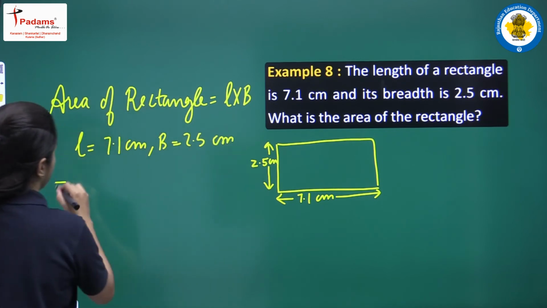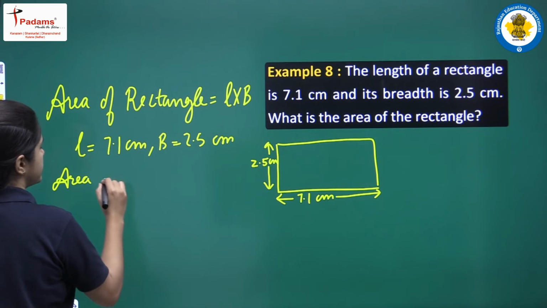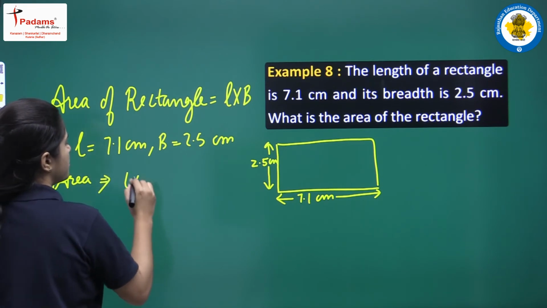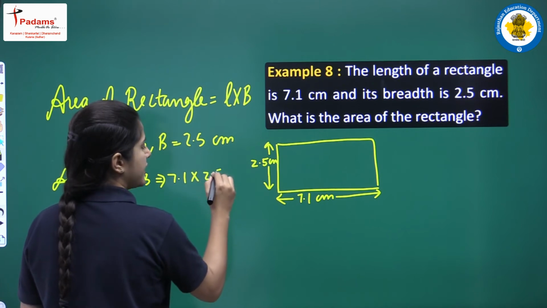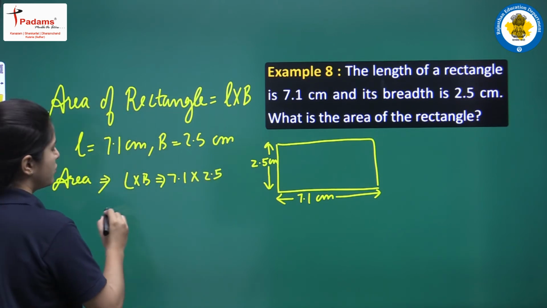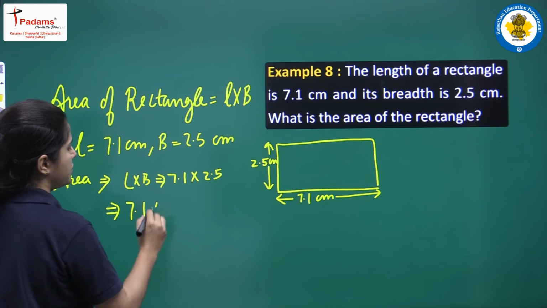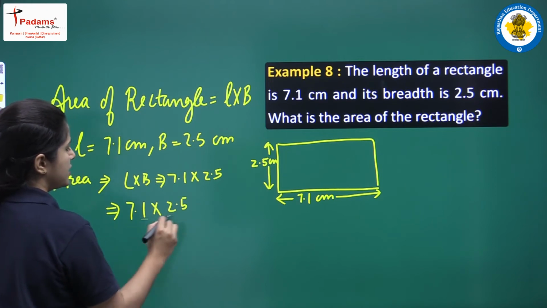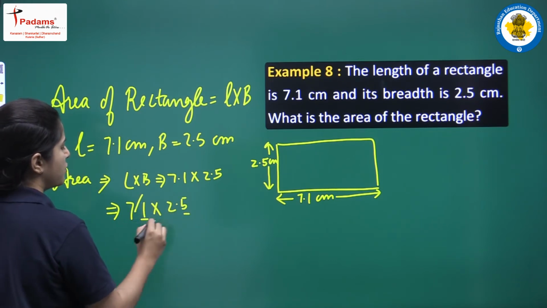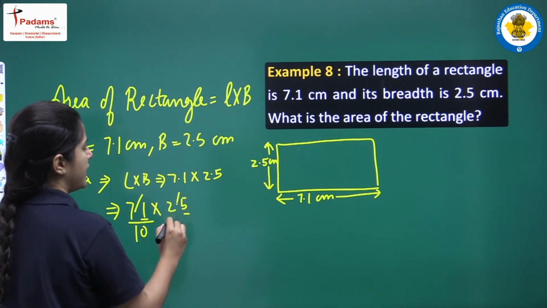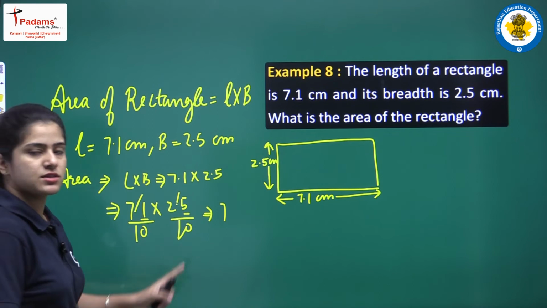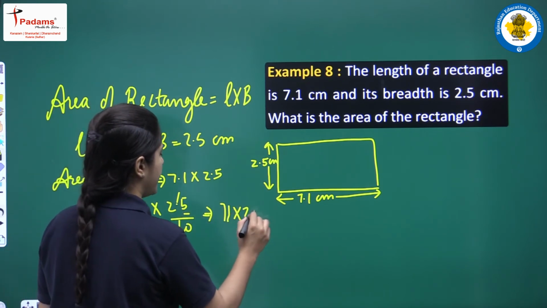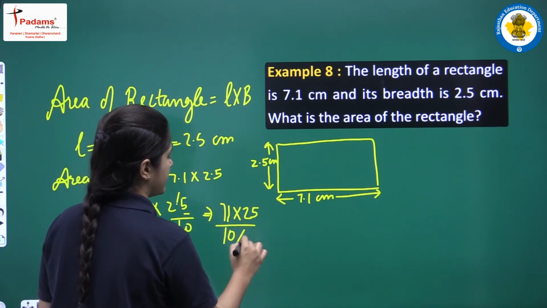So, what is the area? Area is equal to length into breadth, that is 7.1 into 2.5. Alright, students, just remove the decimal. 7.1 into 2.5, one digit is there in both the cases. So after removing the decimal, we'll have 1 zero, okay, at the bottom. So 71, multiply the numerator 71 into 25 upon 10 into 10.